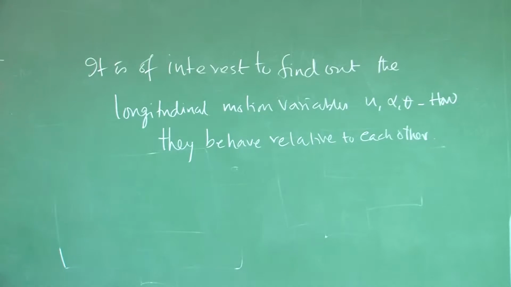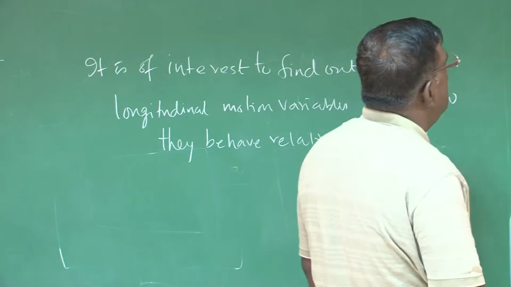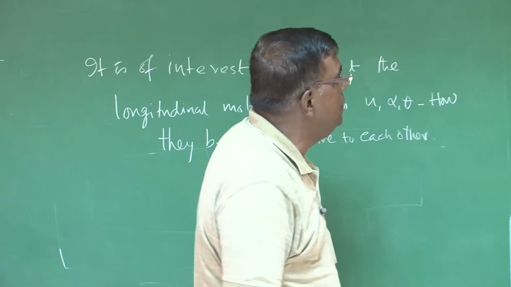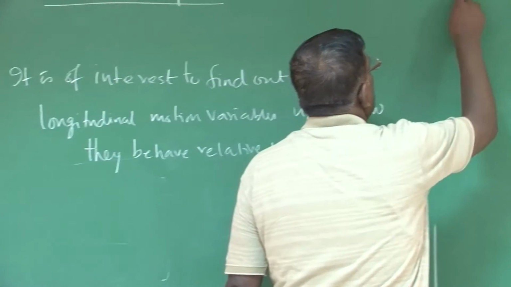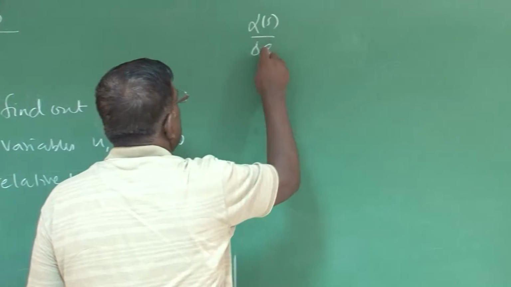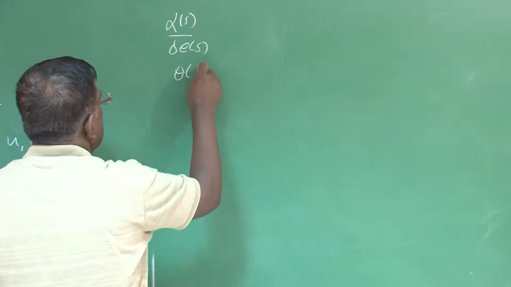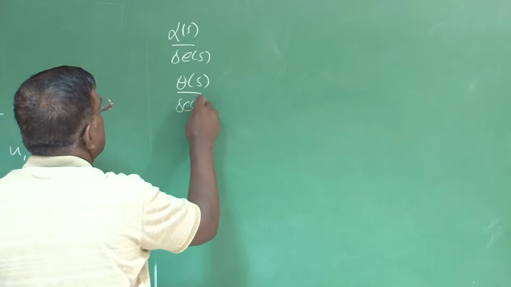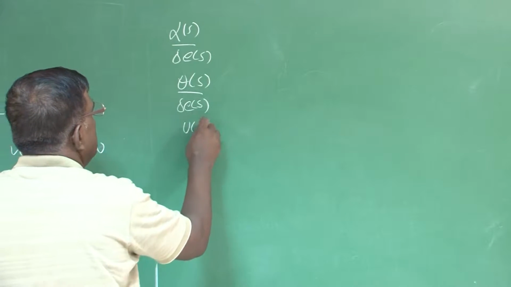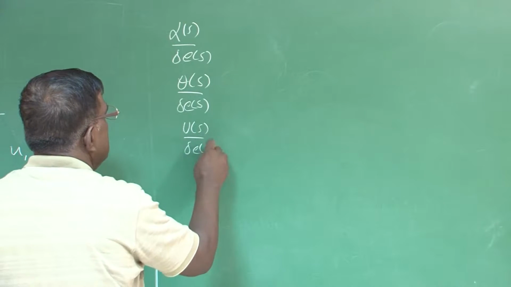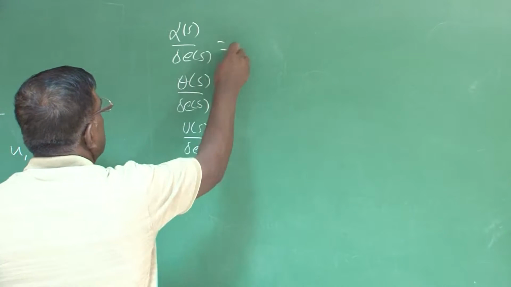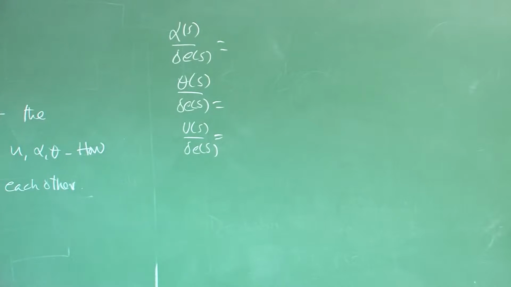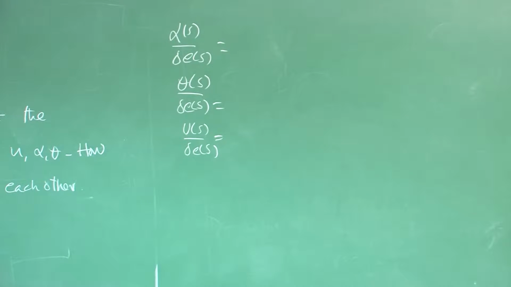Remember, when we initially did the dynamic stability postulation, we have seen alpha of s by delta E of s, theta of s by delta E of s, U of s by delta E of s, and we have got expressions in frequency domain, and we address these ratios as transfer function.